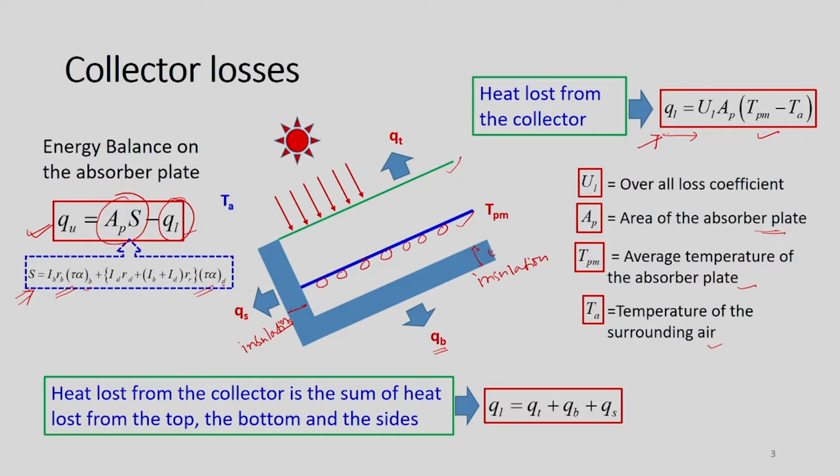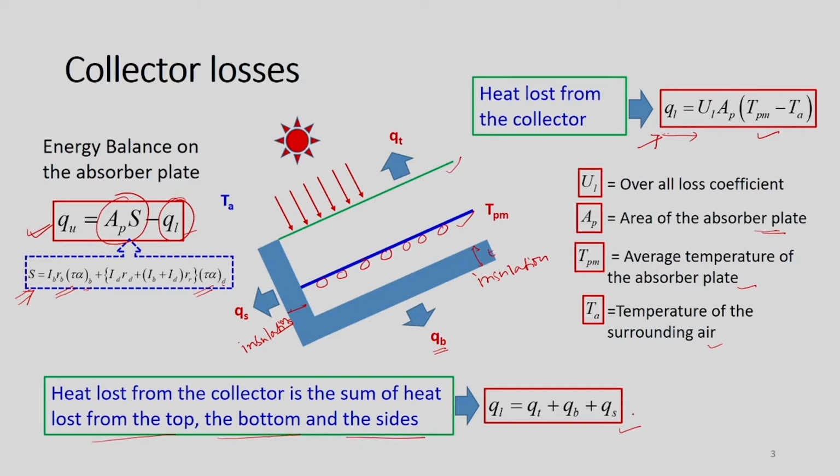As we understand, this Ql is a function of three other losses. So, Ql is equal to Qt plus Qb plus Qs. This heat loss from the collector is the sum of the heat loss from the top, heat loss from the bottom, and heat loss from the side.